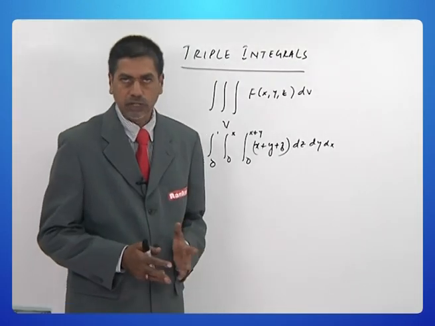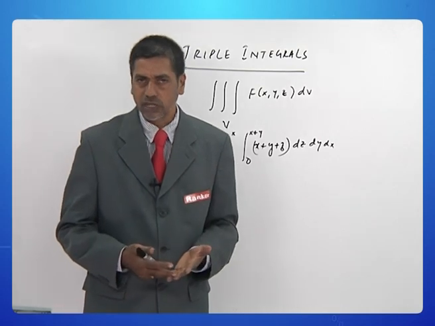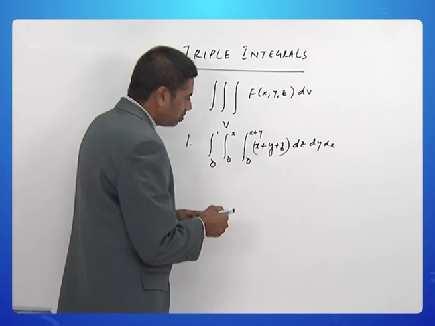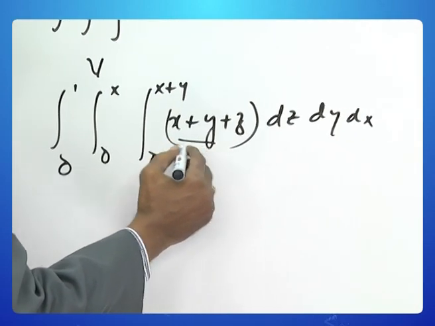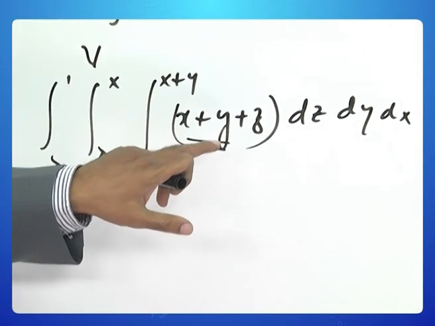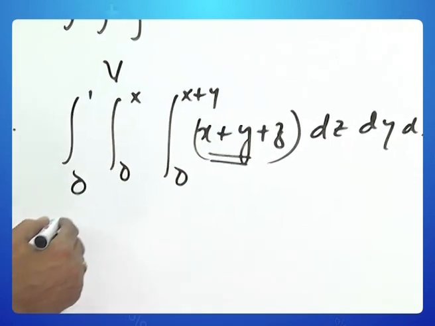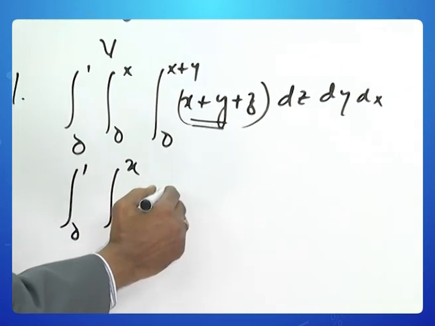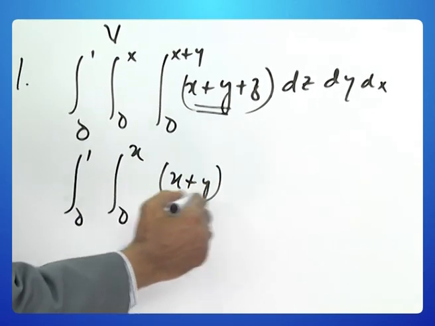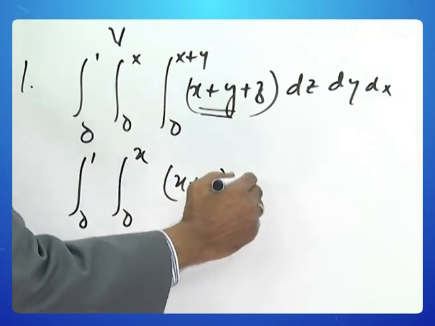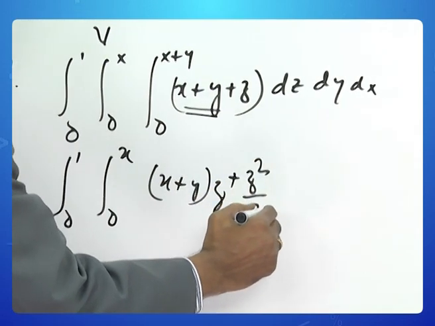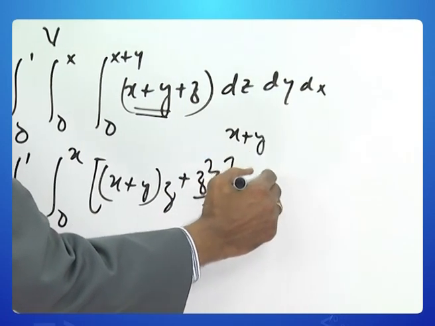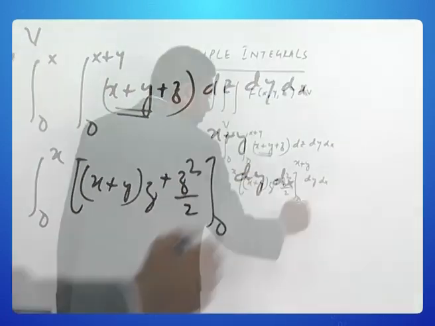Now here the student can use slightly faster methods. Instead of integrating three separate terms, you can understand that x plus y contains no z, therefore it can be treated as constant. So you can integrate this as x plus y into z, because this is a constant, plus z square by 2 from 0 to x plus y, dy dx.